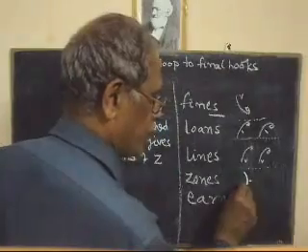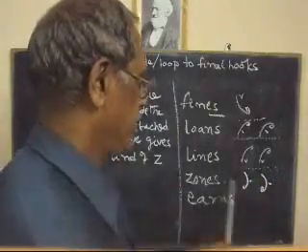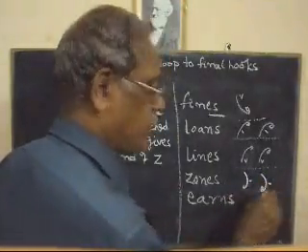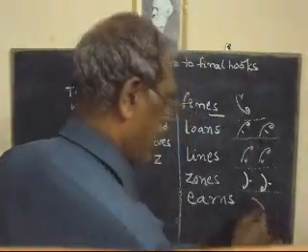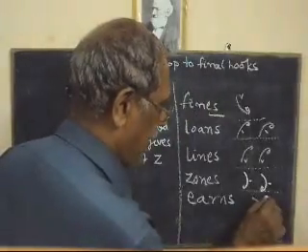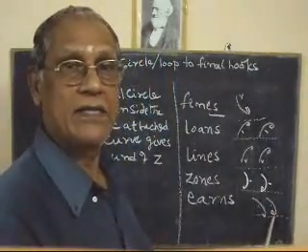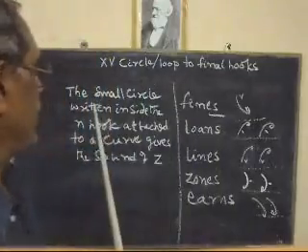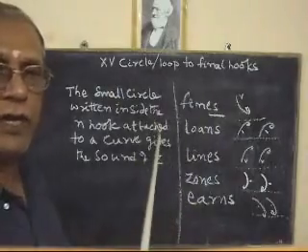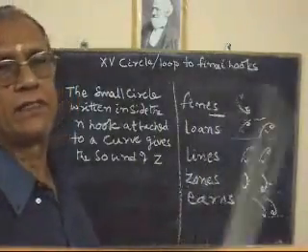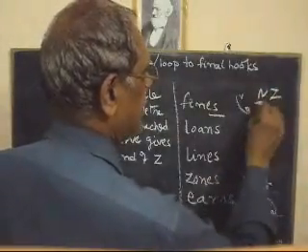See? Zone, N hook. Zones. See? Zones. Earn. Earns. Okay. So, the small circle written inside the N hook which is attached to a curve gives this heavy sound of Z. So here you will get Z.